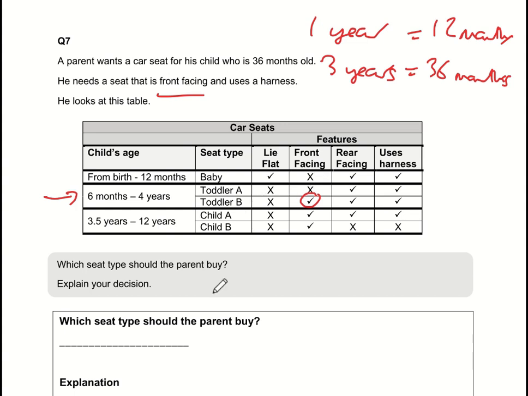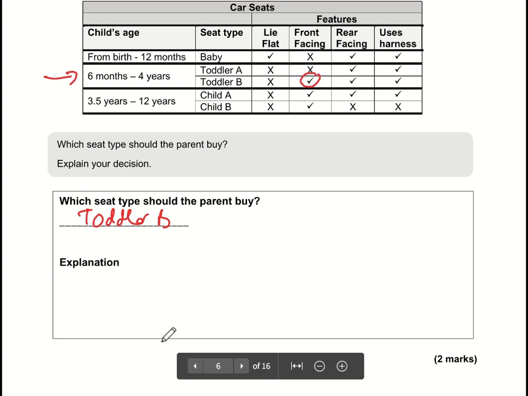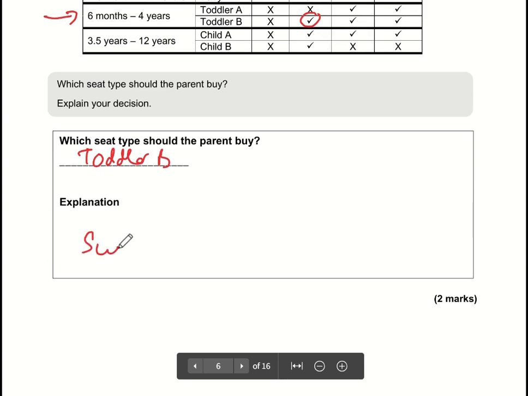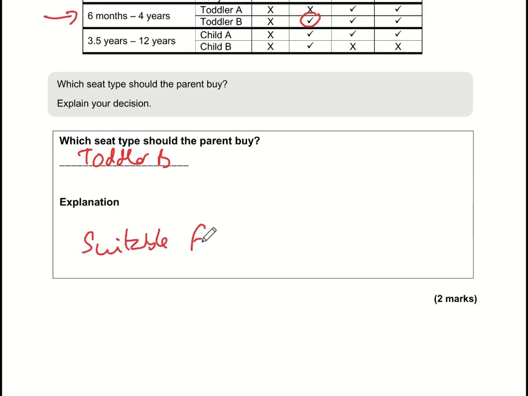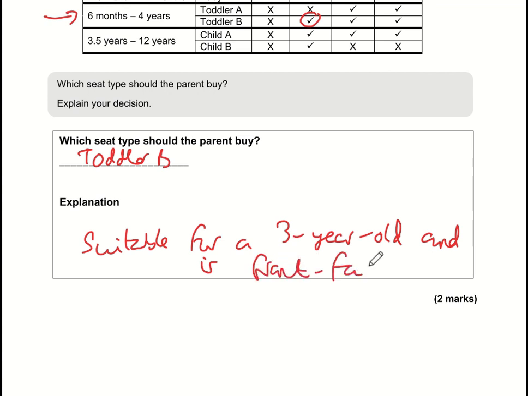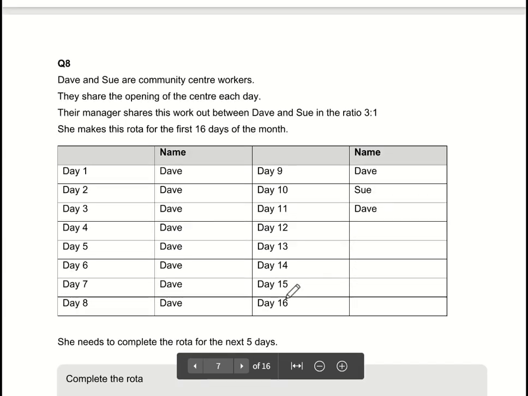So not toddler A, but it's got to be toddler B, because, and the explanation is it's suitable for a 3-year-old and is front facing. Job done.